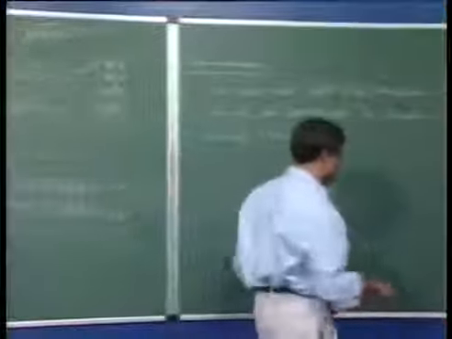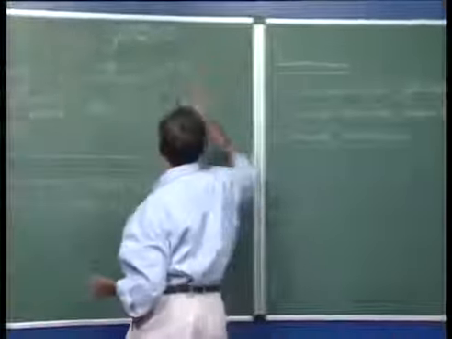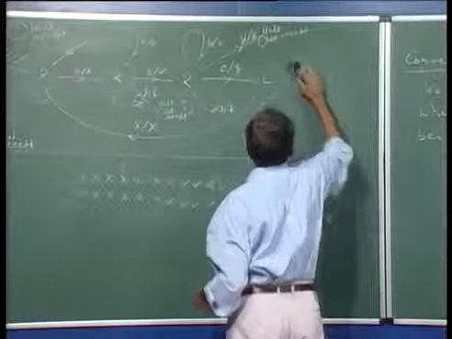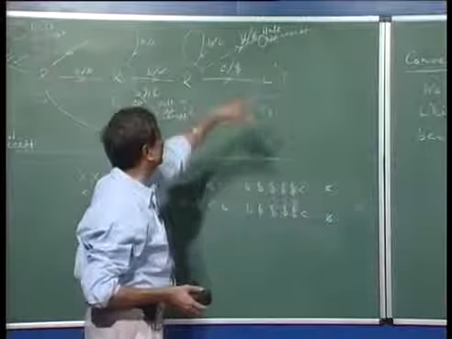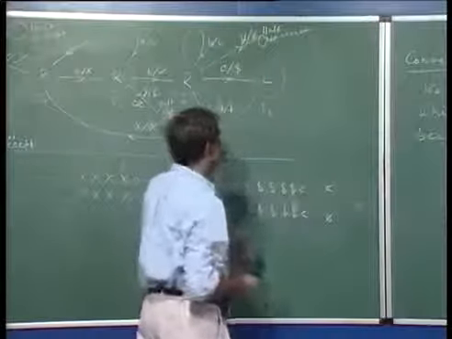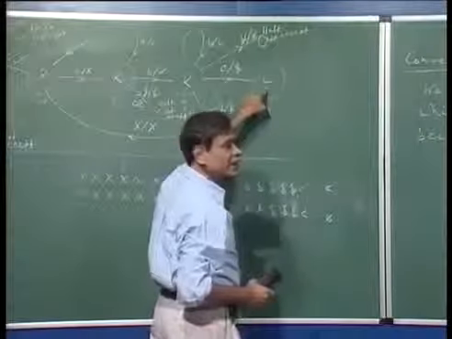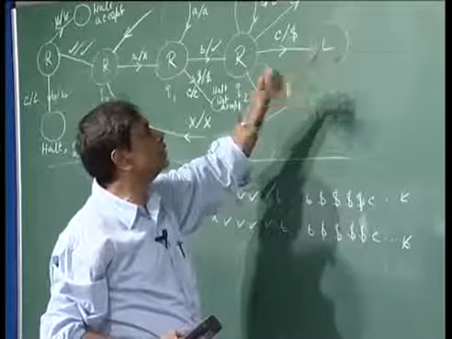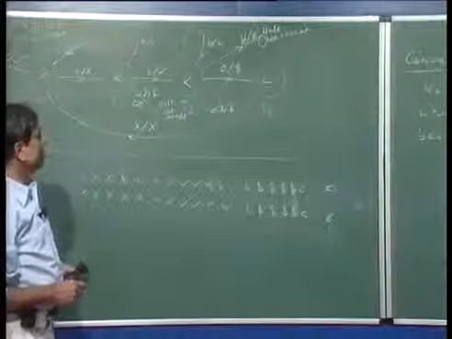So, if you do that, how will this figure look? We will remove these transitions. We are not removing the transition, but we are not drawing it. The convention being that if you are in a state and nothing is specified, that means you remain in the state without changing the symbol, and the move is according to the move which is associated with the state.